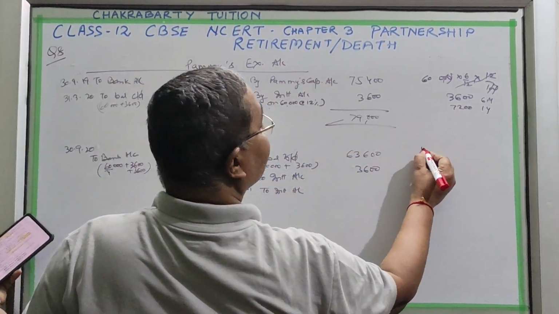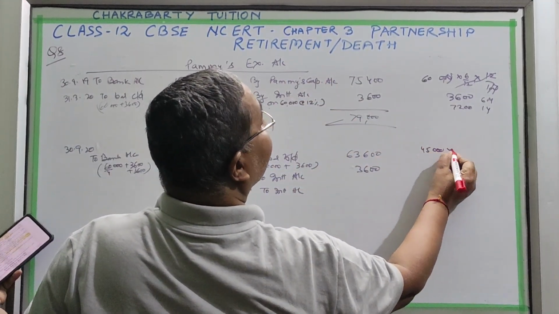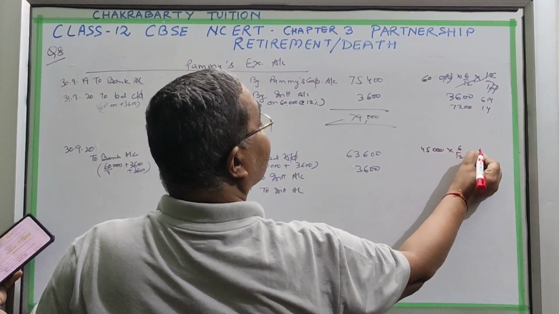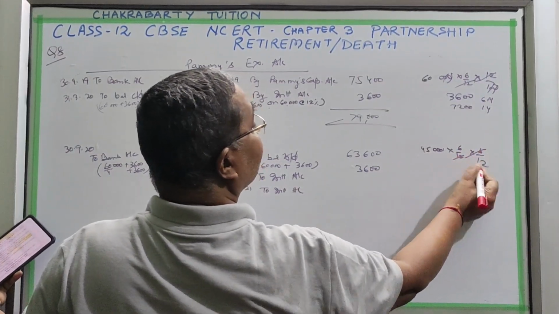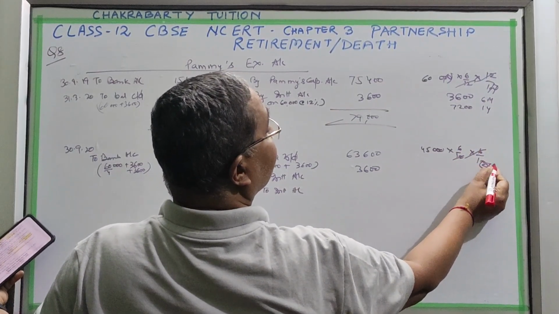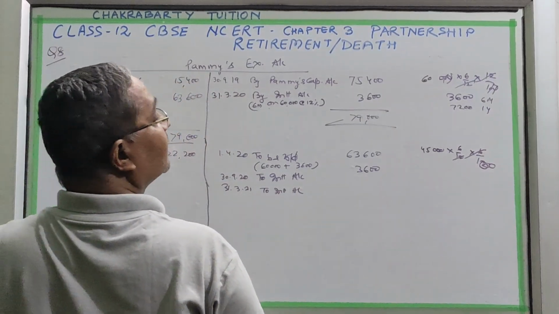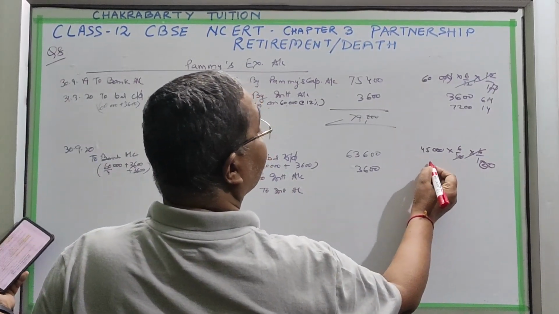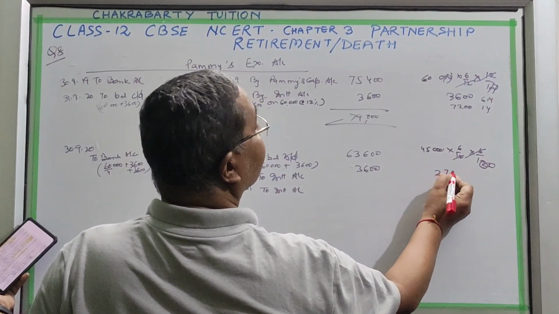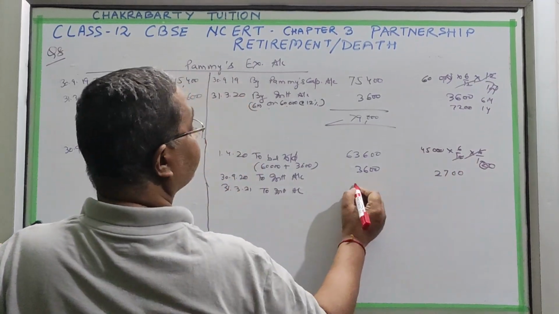Now the remaining is 45,000, and for 6 months this will go out. So 45 into 6 into 12, it will come to this much.